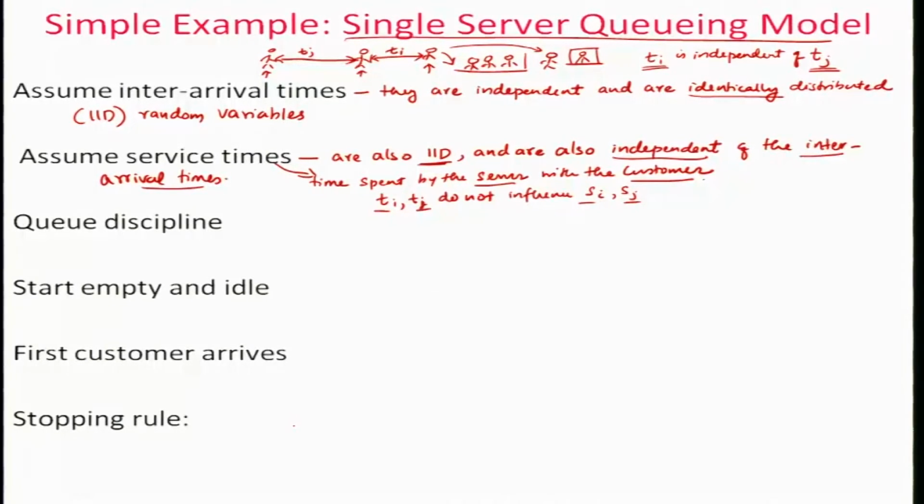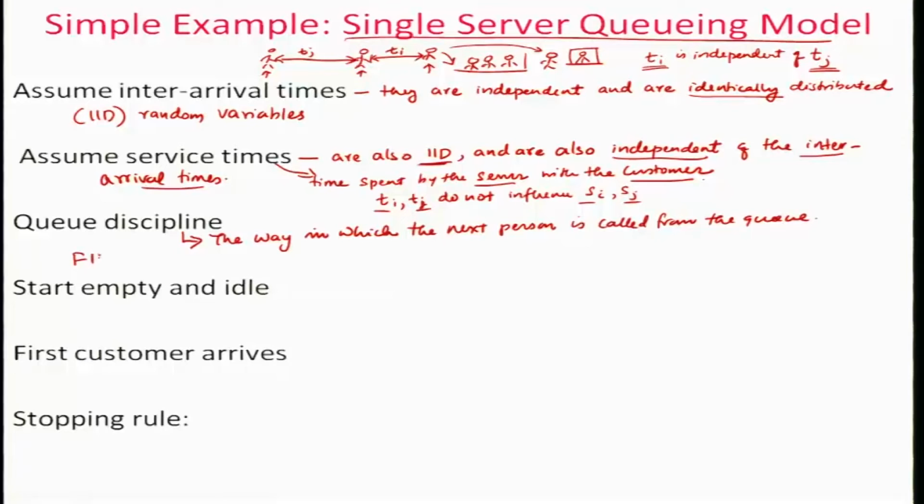Okay. Queuing discipline. This is the way in which the next person is called from the queue. If there are people waiting in the queue, whom will you call next?